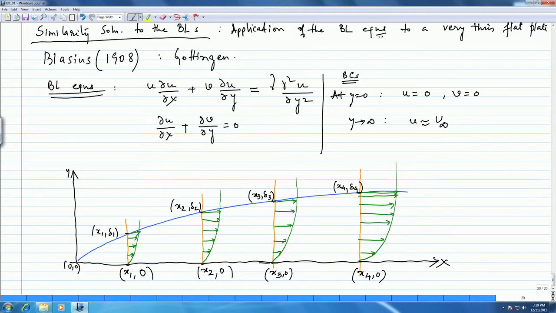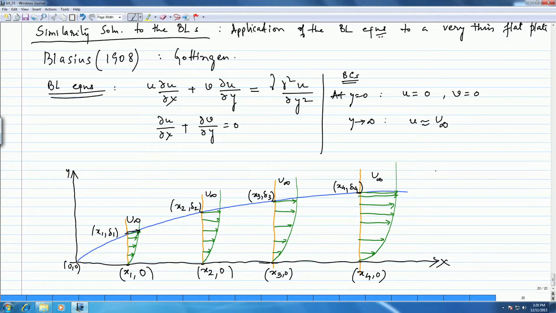And one more thing, like we've spoken about, is that this is that velocity, and this is of course u infinity, this is u infinity, this is u infinity, this is u infinity. Now that's how it is. What one should understand is that u infinity is a function of x.